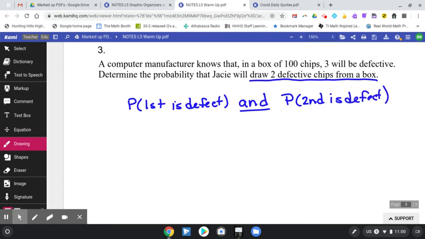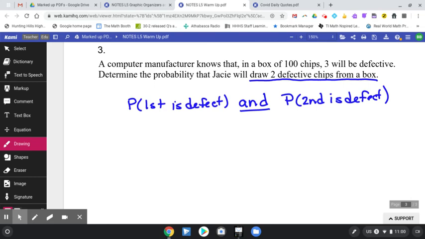Now notice it doesn't say that she does replace it or she doesn't replace it, but that is important information. So use your common sense. If she pulled out a defective chip, do you think she's going to put it back in the box? I don't think so. She's going to pull out that chip, throw it away probably, or send it back, and then pull out the second chip.